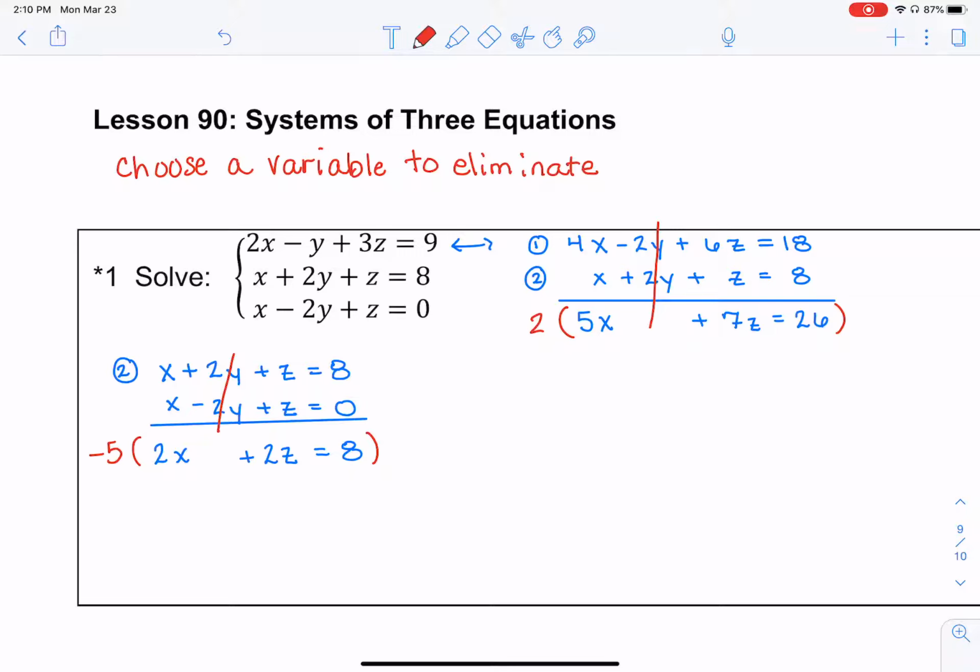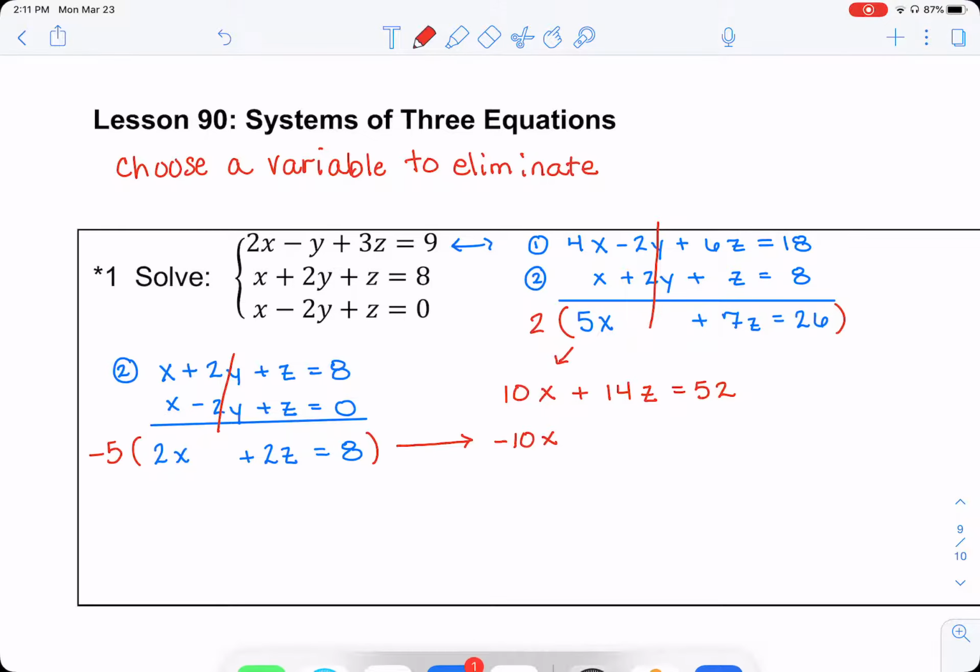Okay, so I'm going to write down what these new equations would be. So coming from here, multiplying by 2, 10x plus 14z equals 52. And then if I take this one over, multiplying by a negative 5, I get negative 10x, negative 10z equals negative 40.